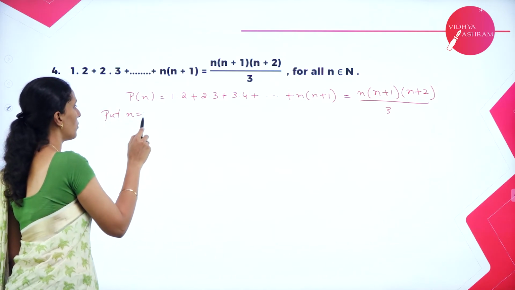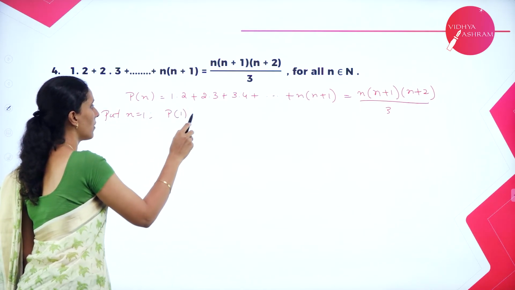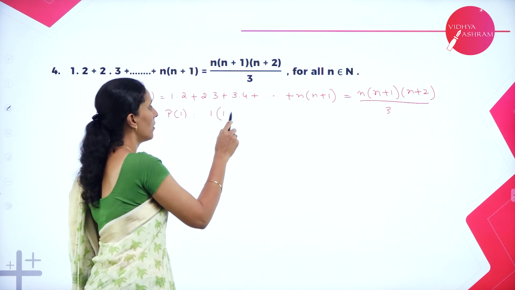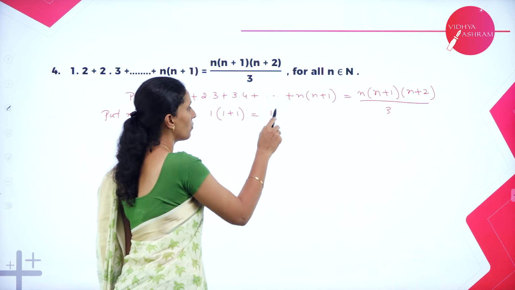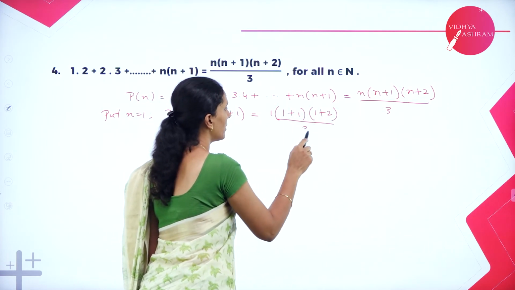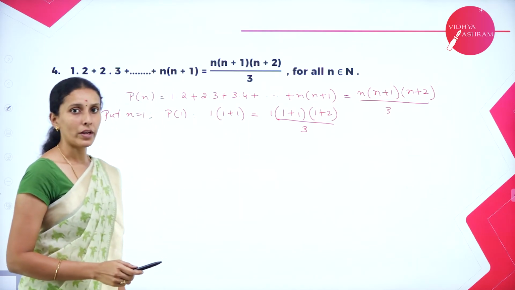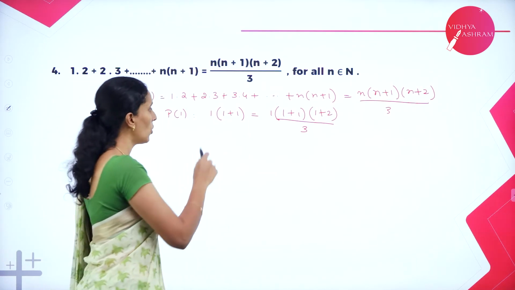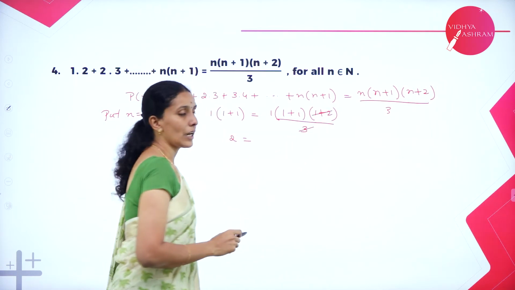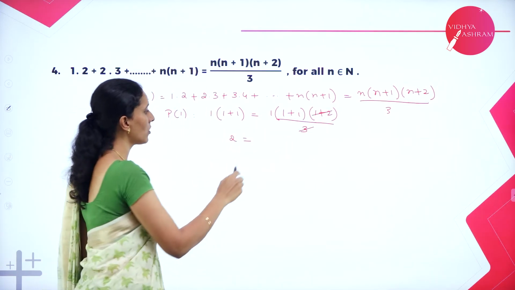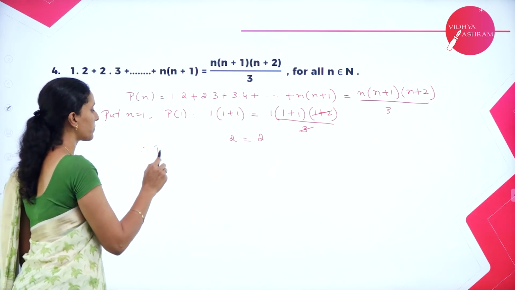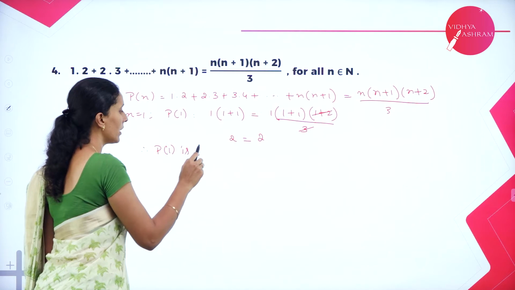Then on the left it is 1 into 1 plus 1, which is 2, and on the right it is 1, 1 plus 1, 1 plus 2 divided by 3. 1 into 2 is 2, 1 plus 2 is 3, the 3 cancels, so we get 2 equal to 2. Therefore, P of 1 is true.